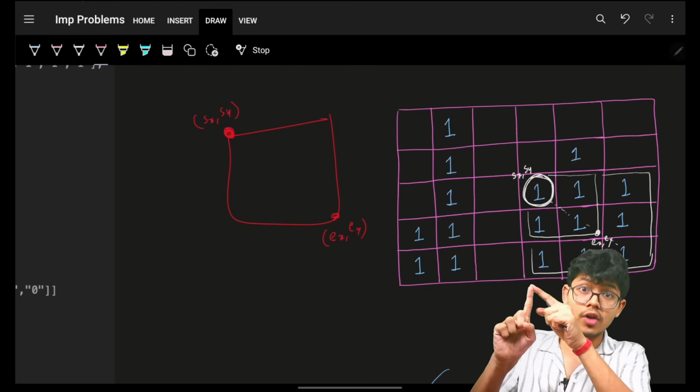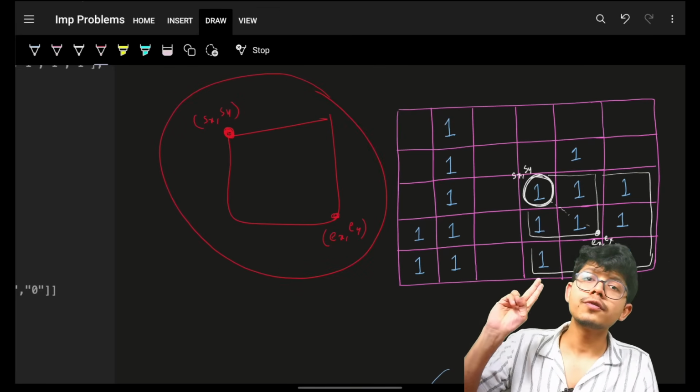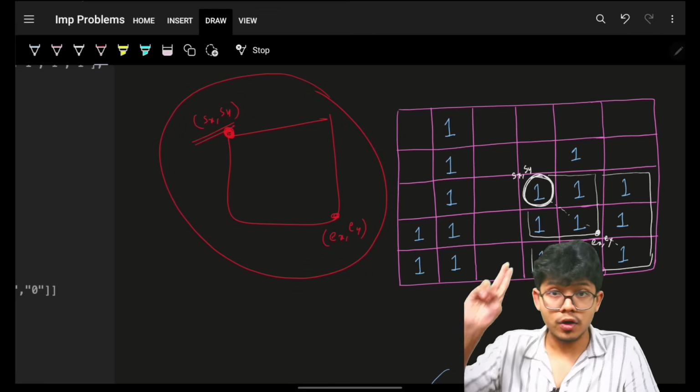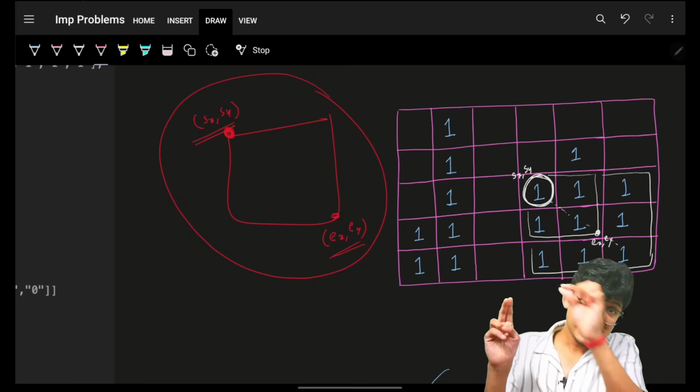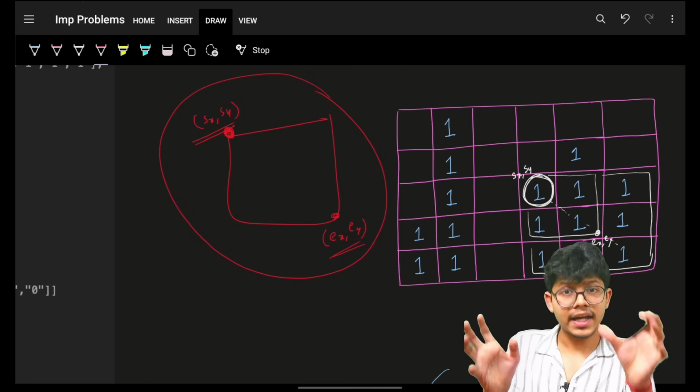Any square or rectangle I can represent with just these four, the xy coordinates of the start and the xy coordinates of the extreme diagonal.